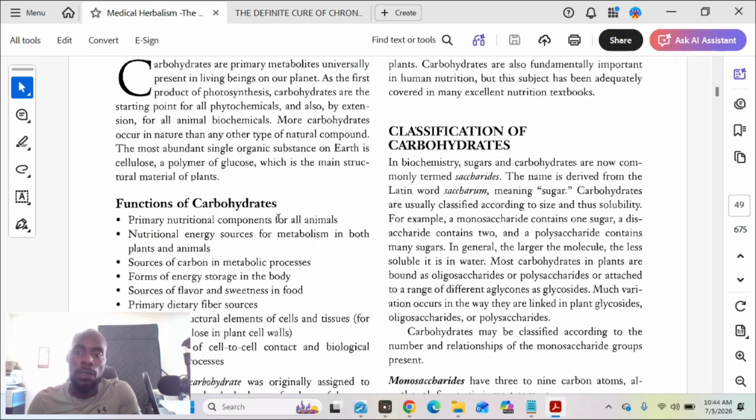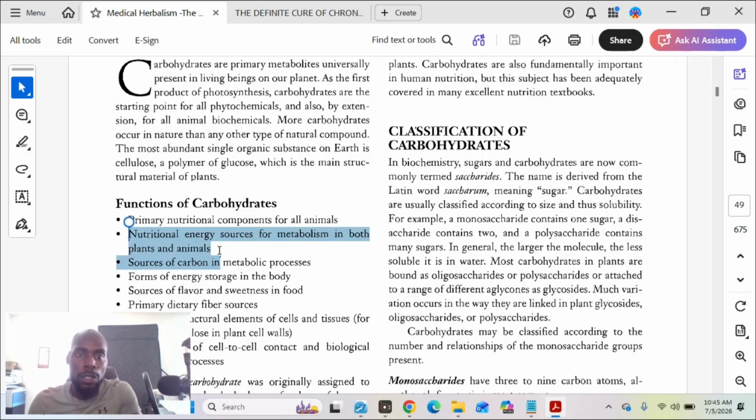Functions of carbohydrates. You're going to understand why we need carbohydrates and why carbohydrates are so important to our daily life functions. Primarily nutritional component for all animals.